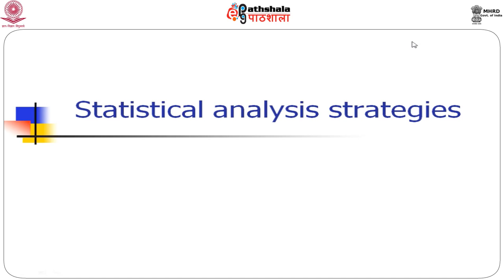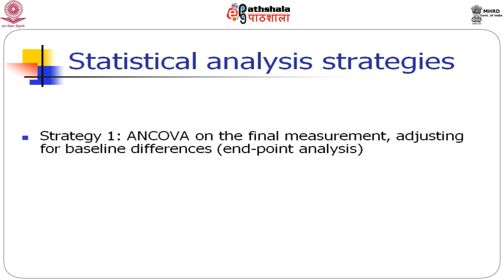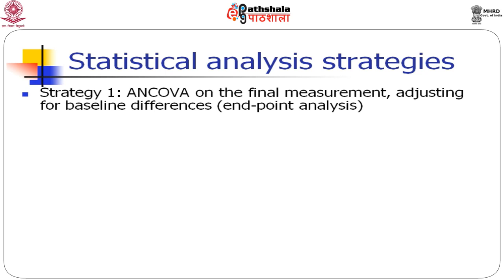So in this section, I will consider the statistical analysis strategies for the longitudinal data I discussed previously. There are several strategies. I start from strategy 1, which is ANCOVA. You know the meaning of ANCOVA, right?